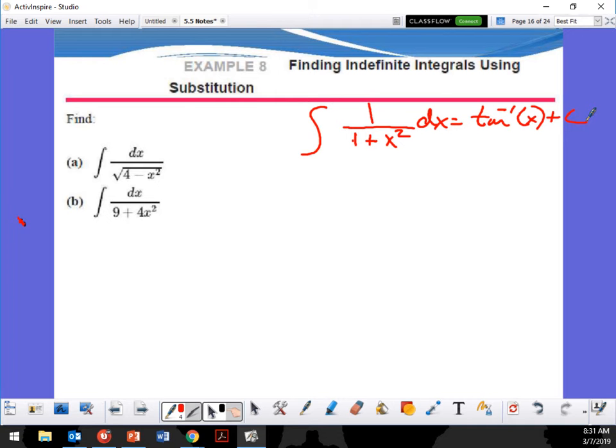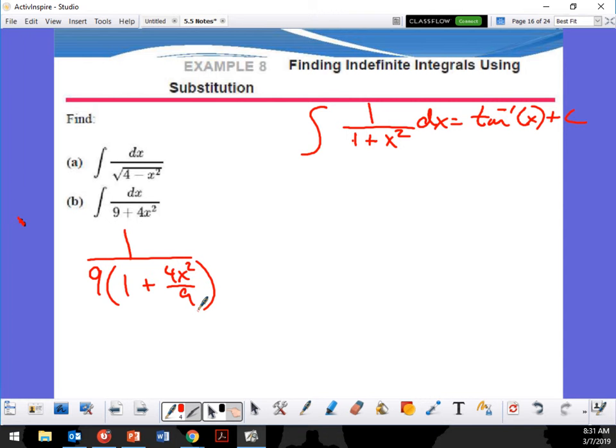Again, what is the issue I came up with? Okay, so factor out the 9, right? So now I'm going to have, I'll come over here to do this one. All right, 1 over 9 quantity 1 plus 4x squared over 9, right?